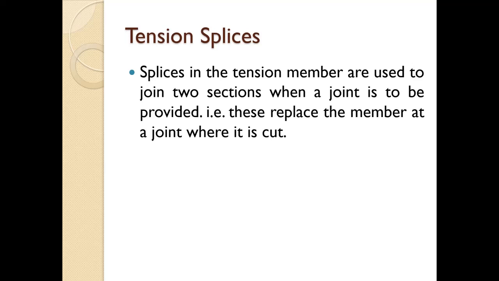So sometimes we need to cut the particular member, and because of which we need to connect two members. So because the length is not sufficient sometimes, we need to connect the two members. So that's why this splicing is necessary.